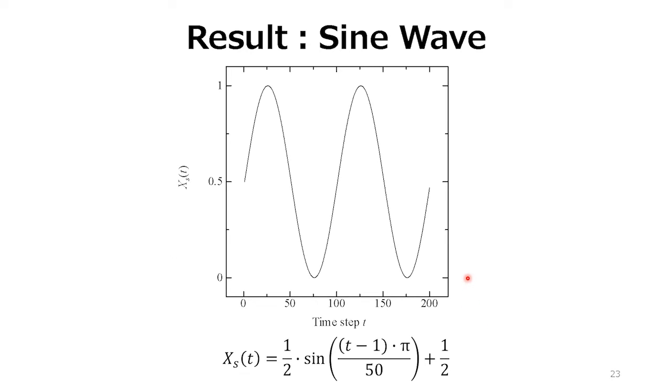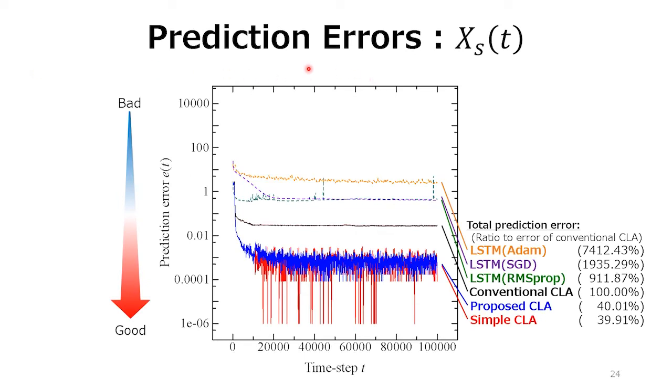First, we use this sine wave. This figure shows the prediction error histories by 6 methods on the sine wave. These values are ratio of the total error to the conventional CLA.